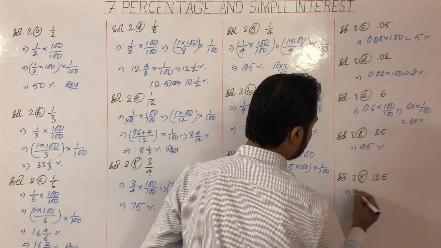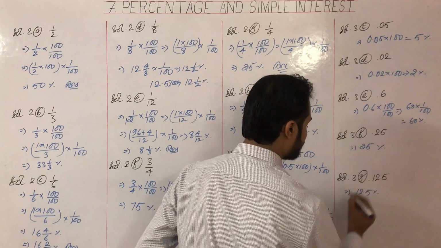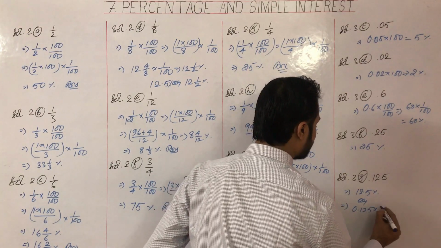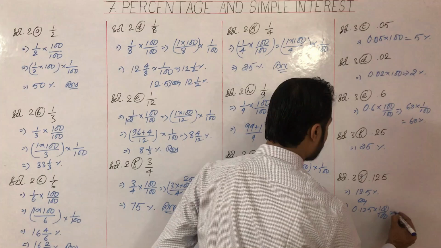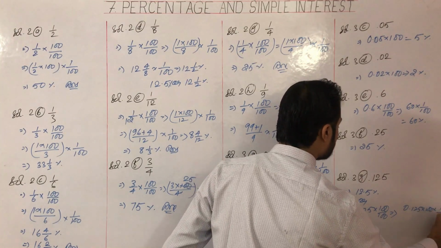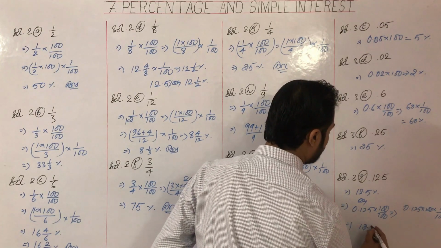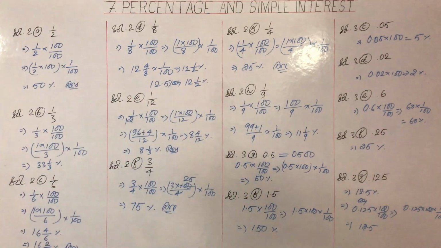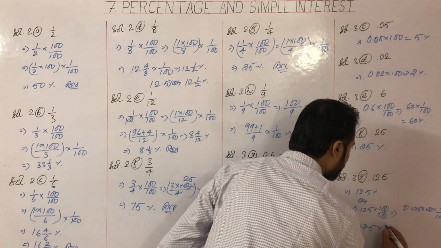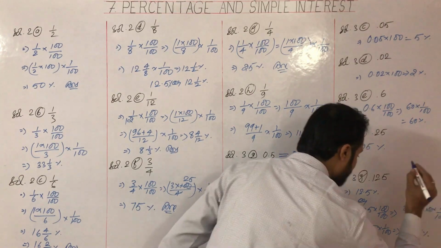Last, 0.125 means 12.5%, or 0.125 into 100 by 100 is 0.125 into 100 into 1 by 100, and now 0.125 into 100 is 12.5 into 1 by 100 is now 12.5%, your answer.